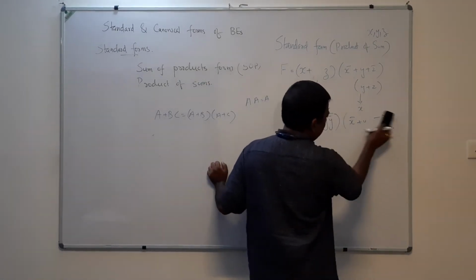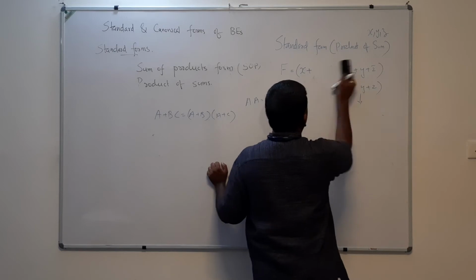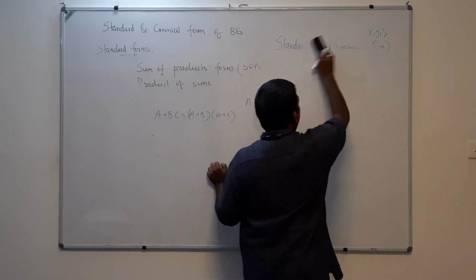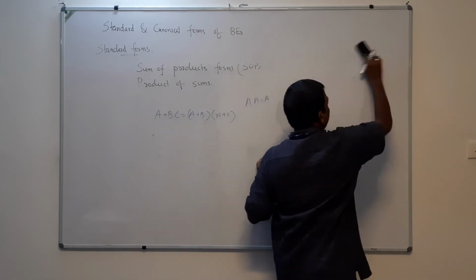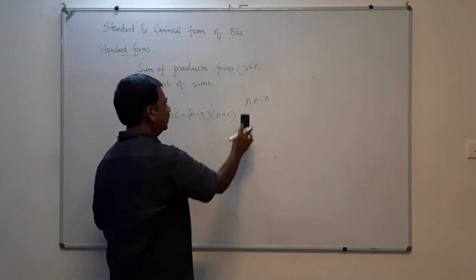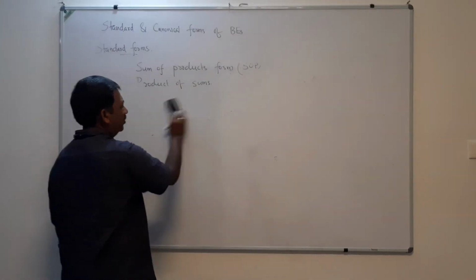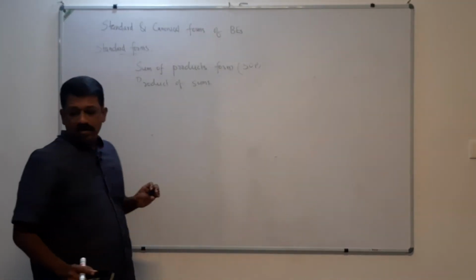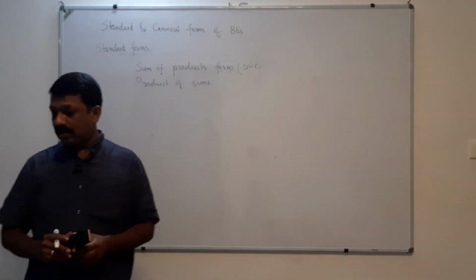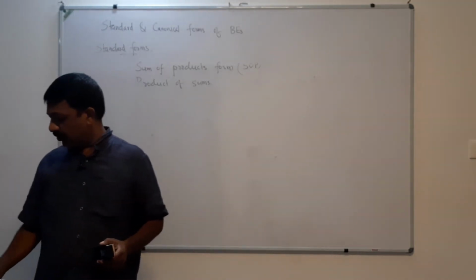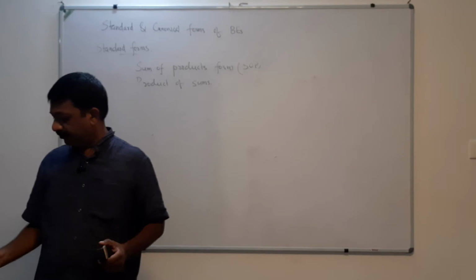And the standard form of product of sums and sum of products, how do we find it? We discussed that. Now we are moving on to another example.